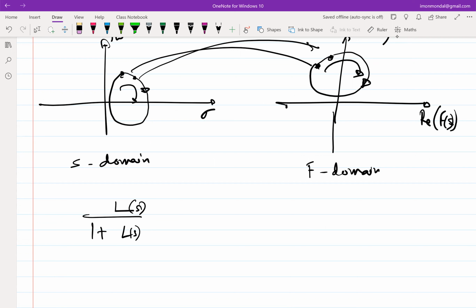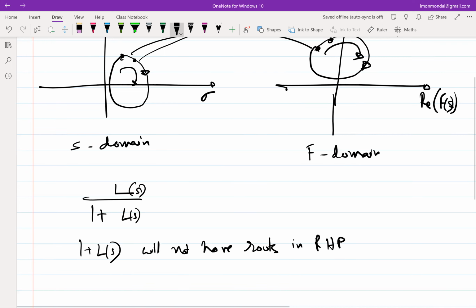And if the system is stable, then 1 plus L of s will not have roots in the right half plane. This is the condition for stability.